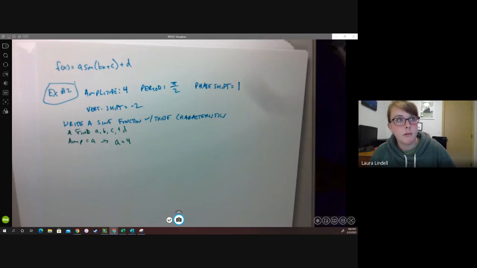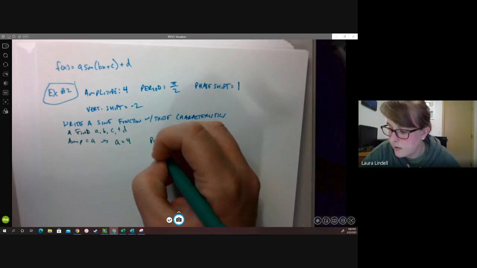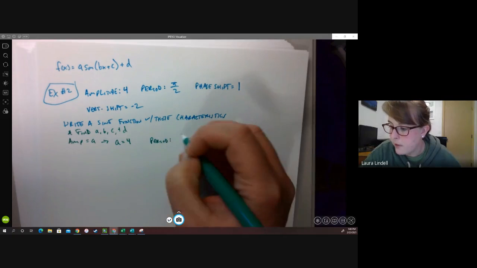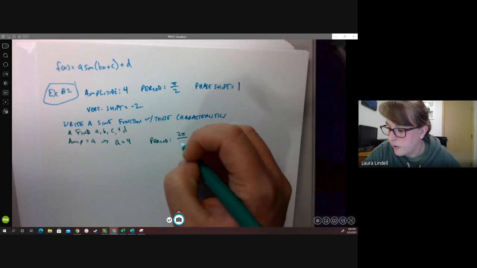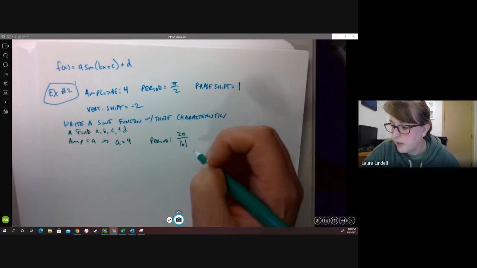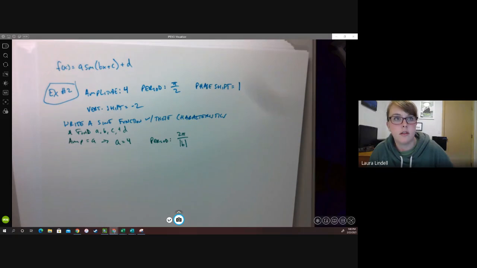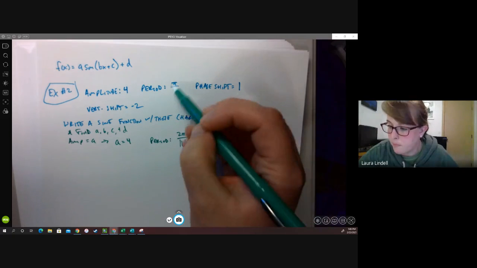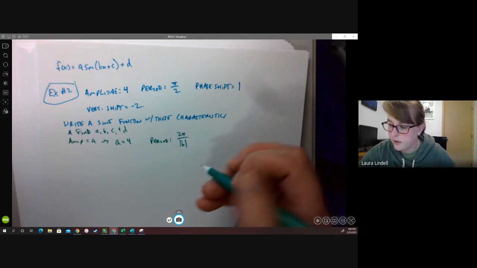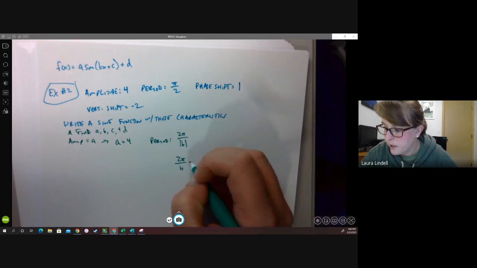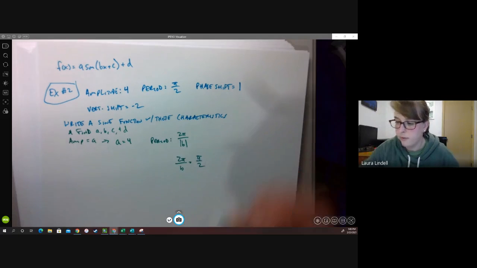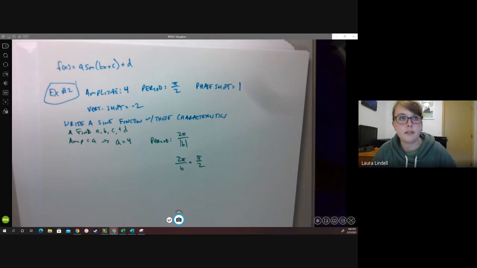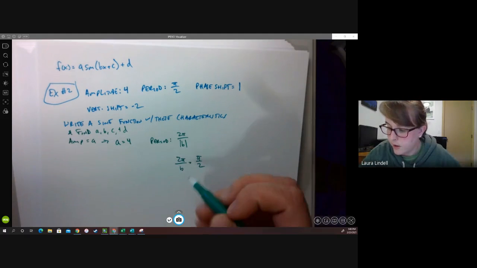The period can help us with B, because we know period is 2 pi over absolute value of B. So in this case, if I know that pi over 2 is going to be my period, then 2 pi over B equals pi over 2, and we want to solve that. So we can cross multiply.